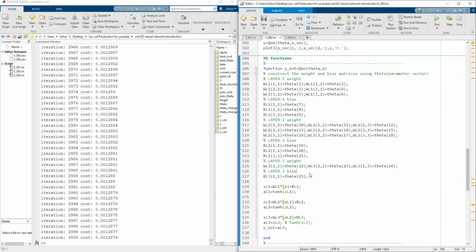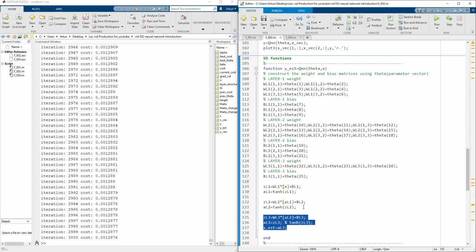I feel like you are able to see that. So now we have weight and bias matrices for each layer. We can calculate the estimates, 1, 2, and 3.